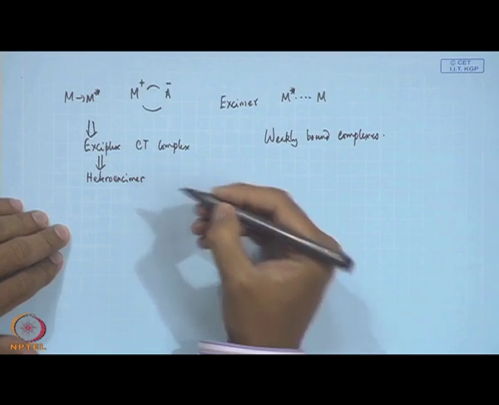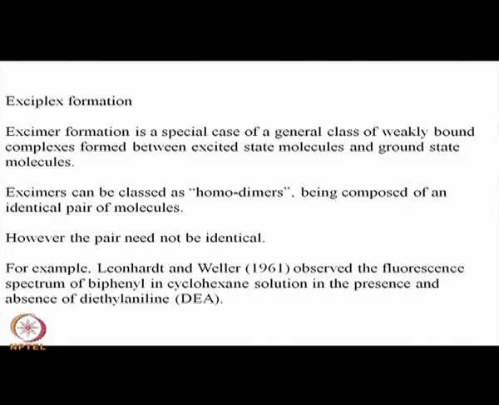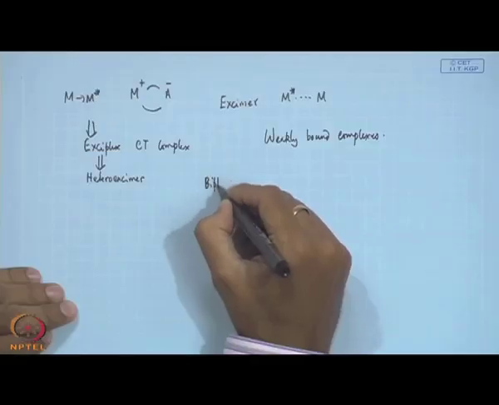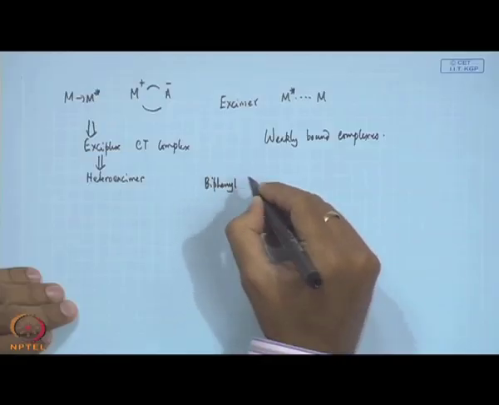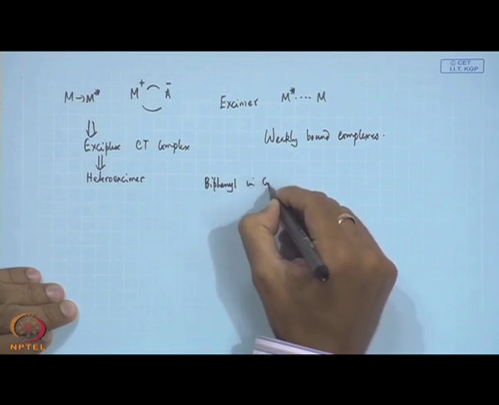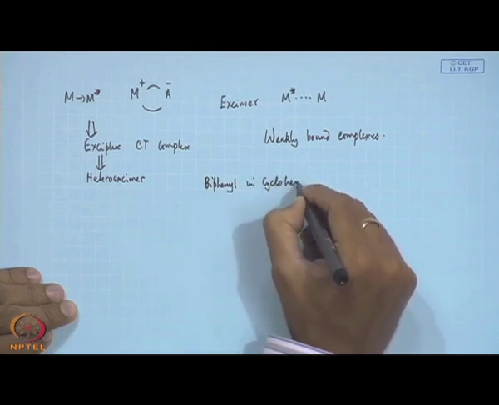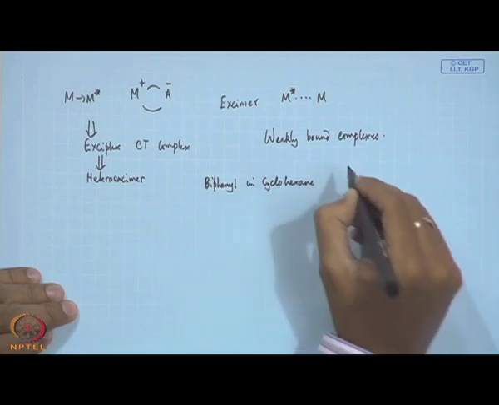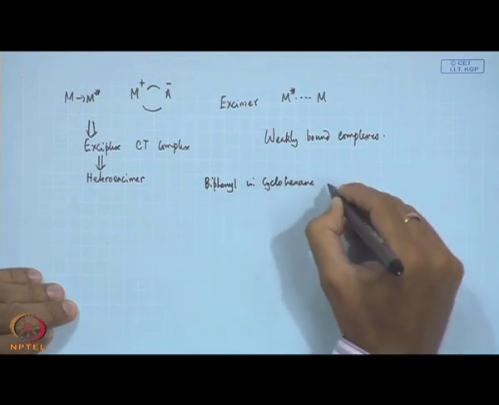And in 1961, Wheeler and Leonhard observed the fluorescence spectrum of biphenyl in cyclohexane, in the absence and in the presence of diethyl aniline.